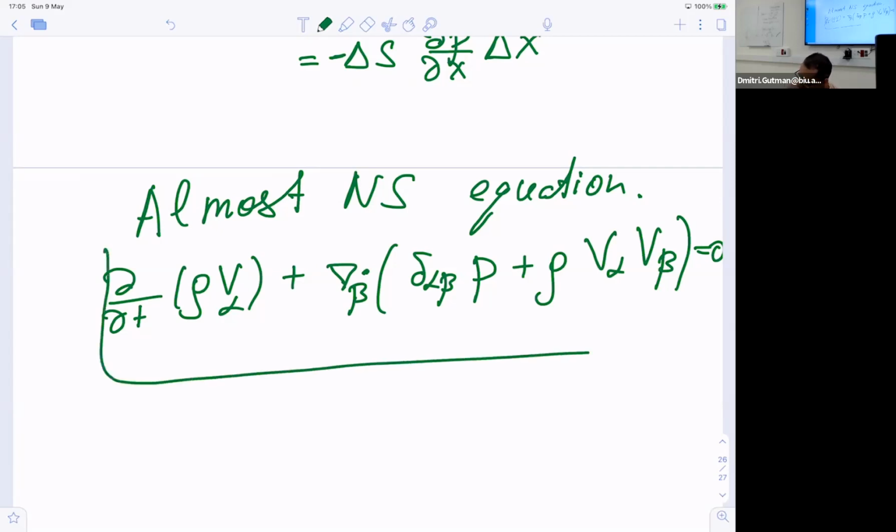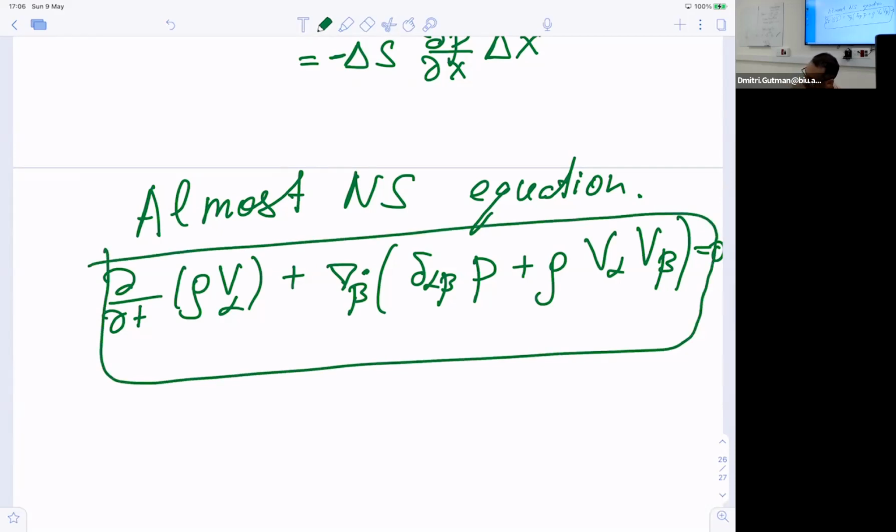I claim that this is almost a Navier-Stokes equation, but not quite. Something is missing.